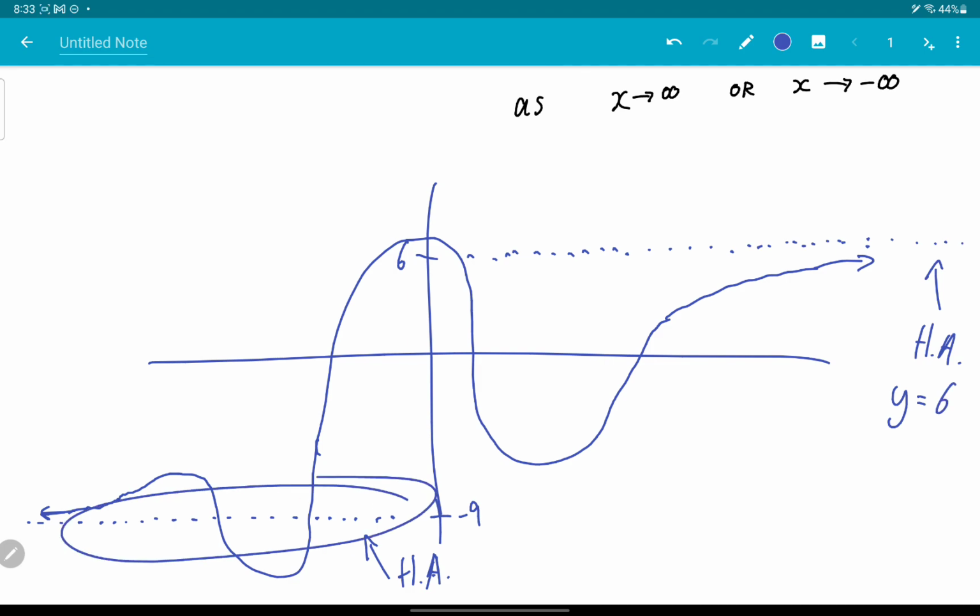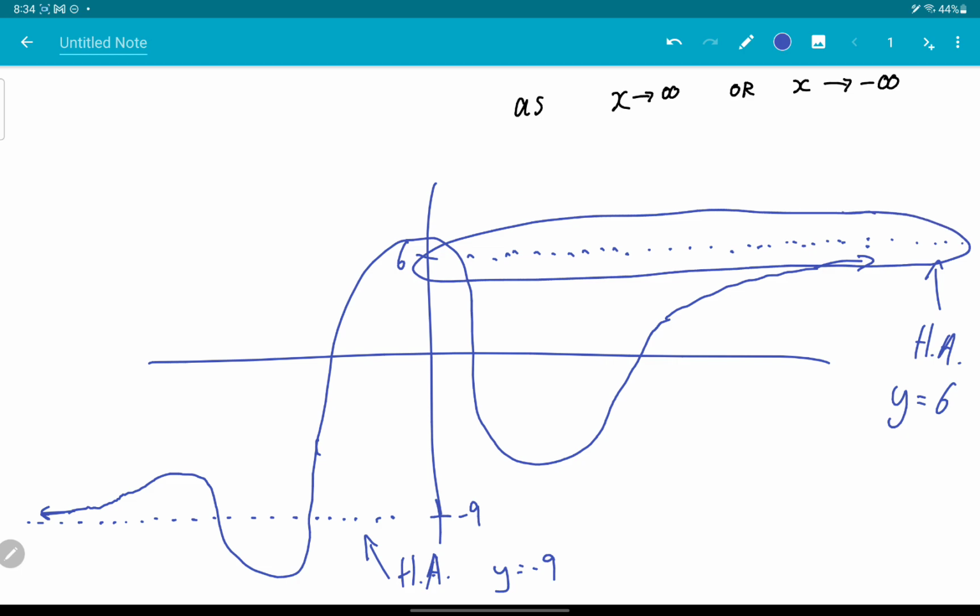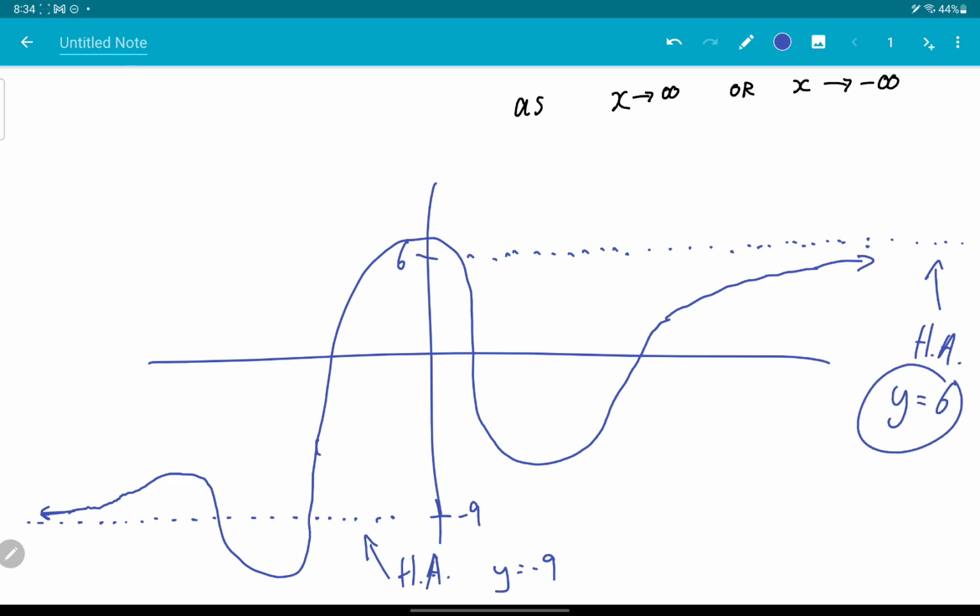And this horizontal asymptote would be the horizontal line y equals minus 9. I'll remind you that horizontal lines are of the form y equals something. That's because if you think about every point on this line, the y value is always 6.